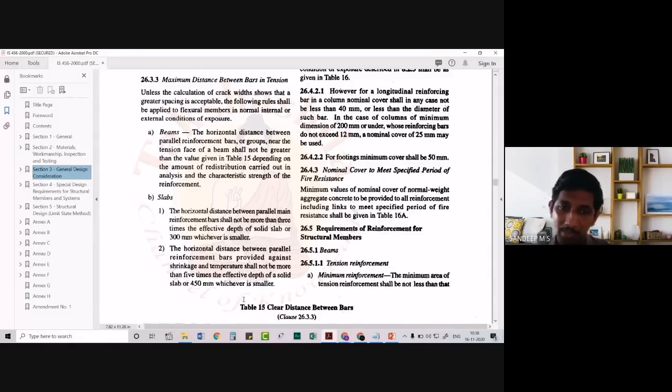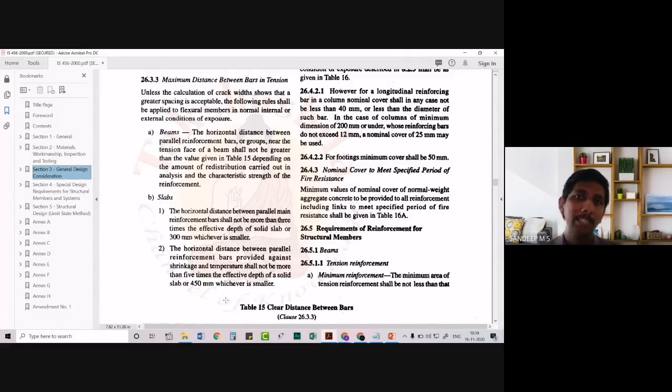For the time being, understand that in addition to the main reinforcement which we have designed now, we will be having another set of reinforcement running in the perpendicular direction. That is provided to take up shrinkage and temperature, and it is called secondary reinforcement. The reinforcement which we have provided right now is termed primary reinforcement, that is the main reinforcement.